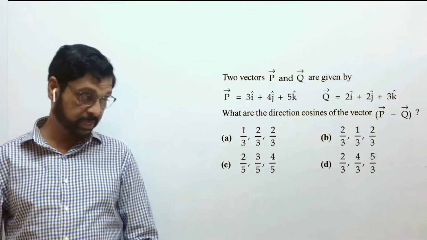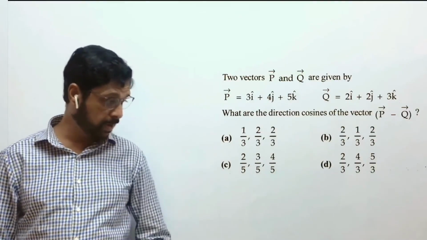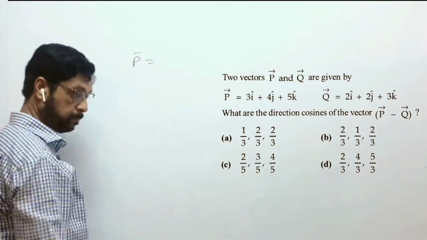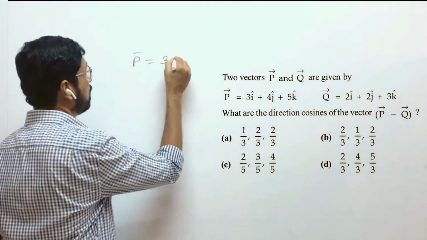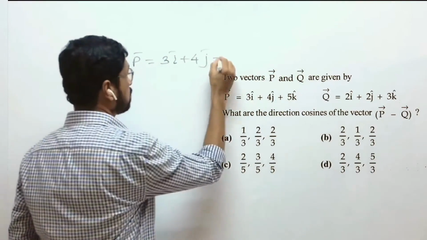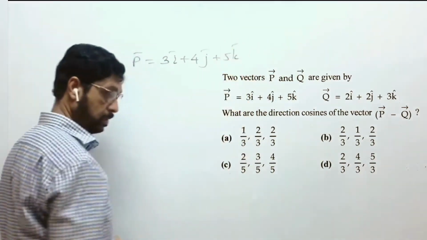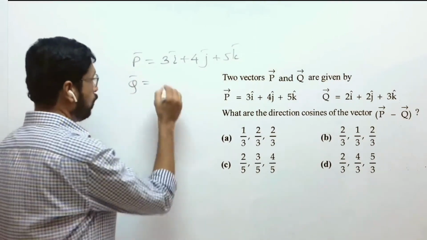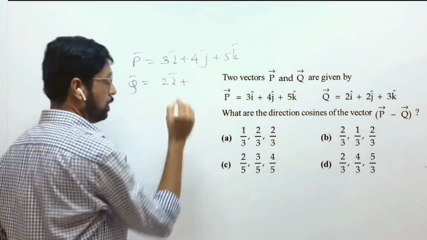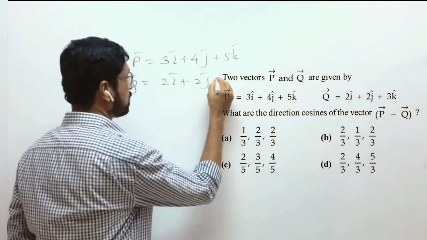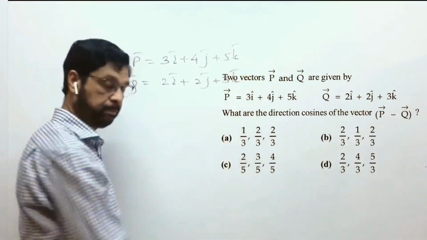Two vectors P and Q are given by vector P is equal to 3i plus 4j plus 5k, and vector Q is equal to 2i plus 2j plus 3k.